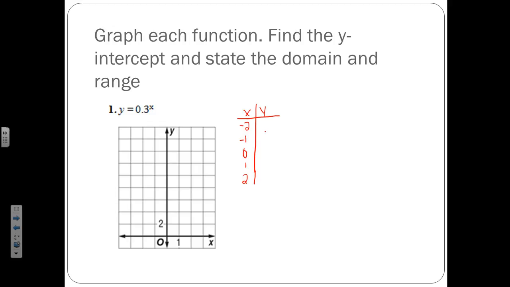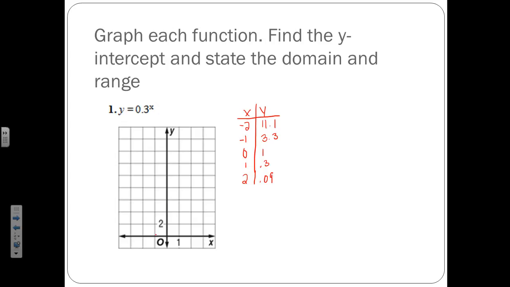When I plug in -2, I get 11.1. When I plug in -1, we get 3.3. When we plug in 0, we get 1, because any number raised to the 0 power is 1. When I plug in 1, I get 0.3. And when I plug in 2, I get 0.09.